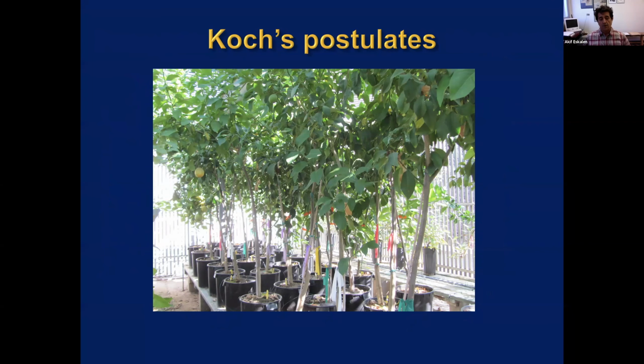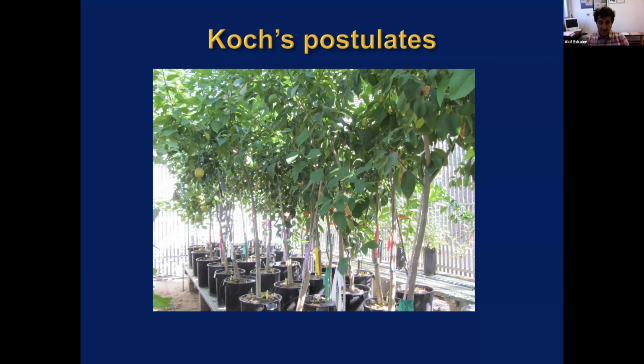Koch's postulates. In order to claim a fungal isolate to be a pathogen, you have to complete Koch's postulates. It's named after the person who first came up with this idea. What it means is that whatever you isolate from the symptomatic plant tissues, you have to put back into a healthy plant to see if it shows the same symptoms.